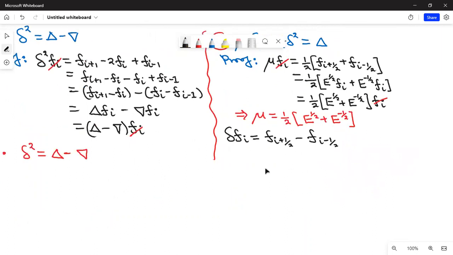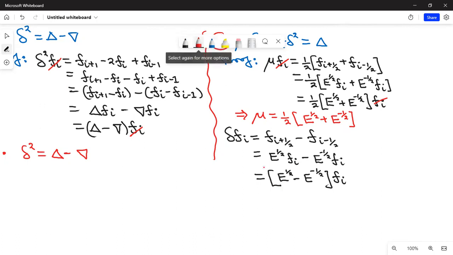This is how it will be written. So this is equals to the shift raised to 1/2 of Fi minus the shift raised to negative 1/2 of Fi, of which this can as well be written as the shift raised to 1/2 minus shift raised to negative 1/2 operating on Fi.